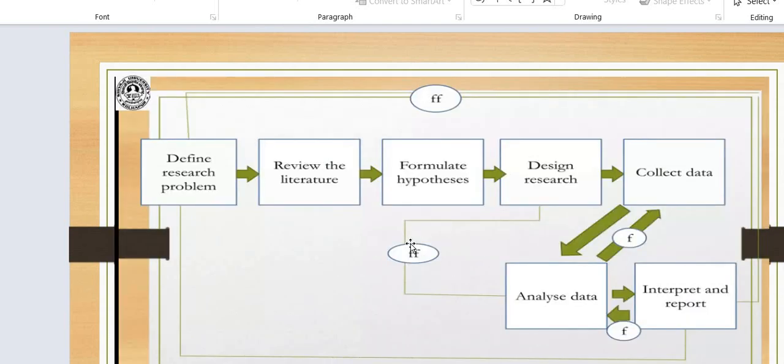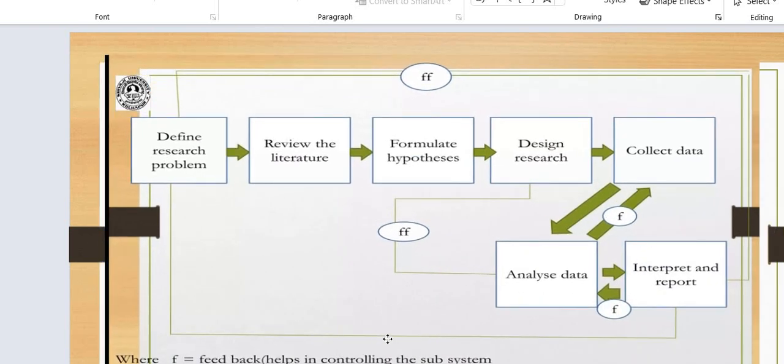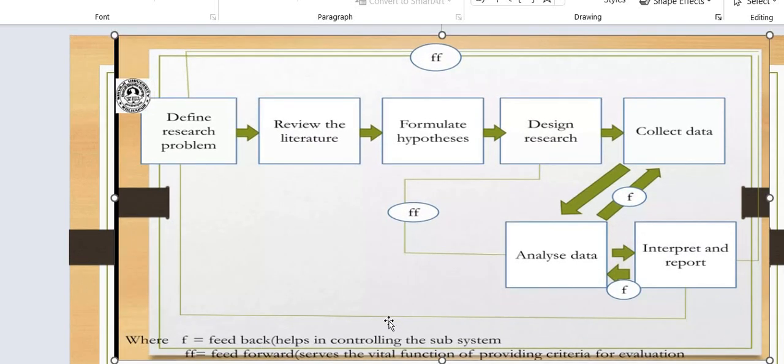Depending upon the type, we have divided the processes here, and inside that process I'm going to discuss with you how the flow of the research process works. First, we define the research problem, then review the literature, then formulate the hypothesis. Next we move forward to designing the research.